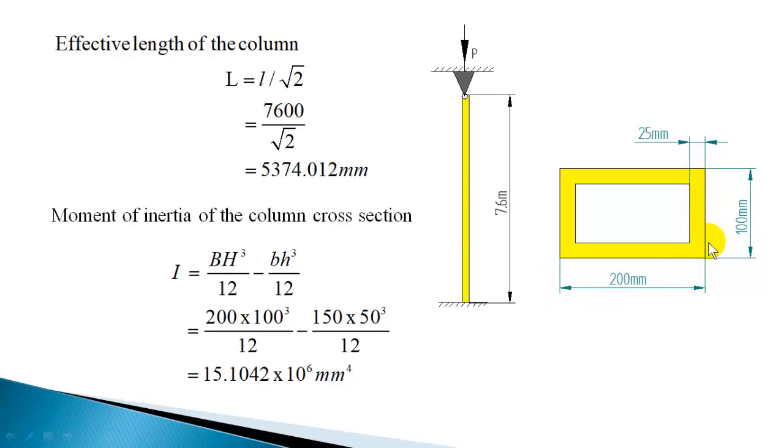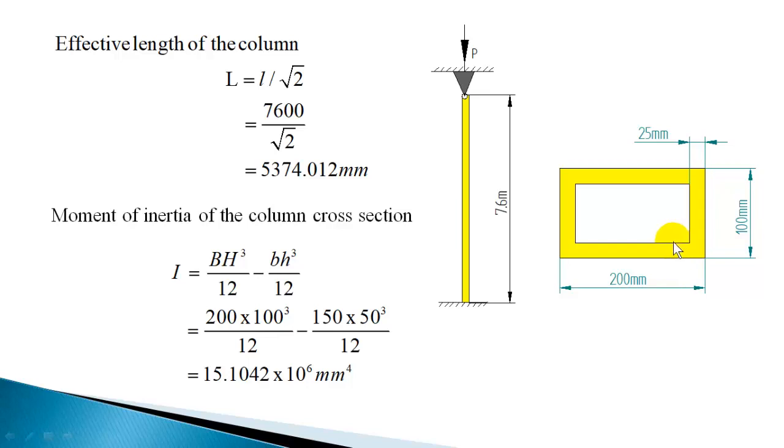So whichever direction you have least dimension, perpendicular to the centroidal axis, you should take the moment of inertia. You can also calculate with respect to centroidal y-axis, which will be 100 into 200 cube by 12 minus 50 into 150 cube by 12.